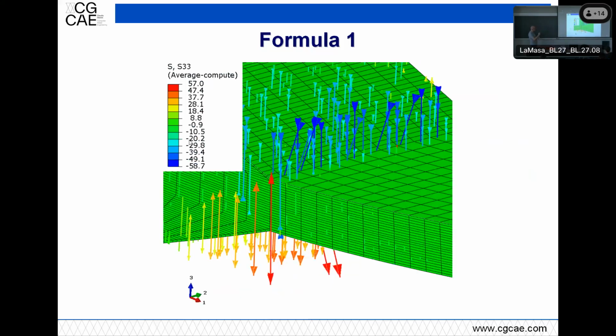Shells are supposed to be thin, and this low thickness is assumed to have a sigma z, normal to the plane, which is almost null. But when you come to certain thicknesses and to transitions like that, a 3D model for sure is giving you better results.